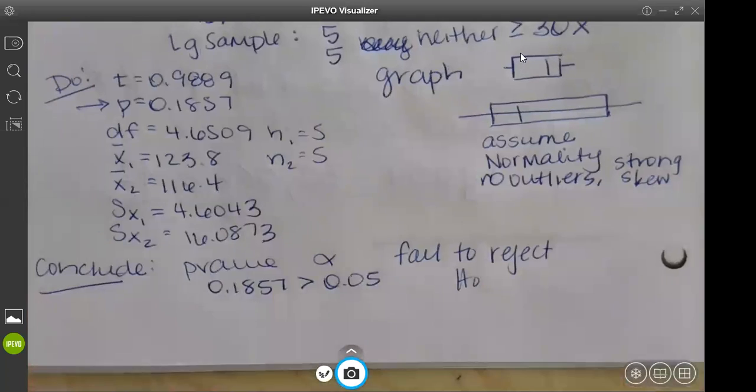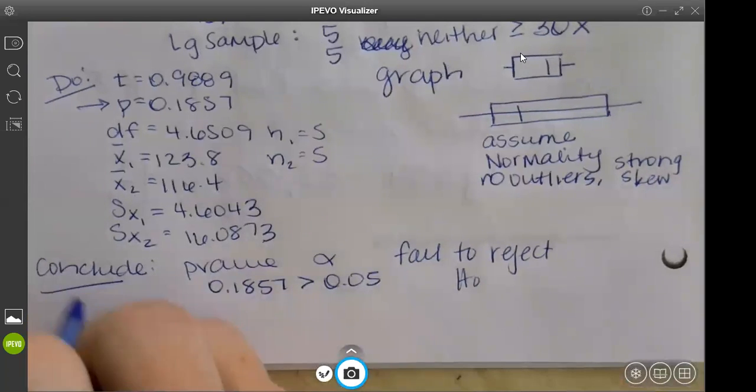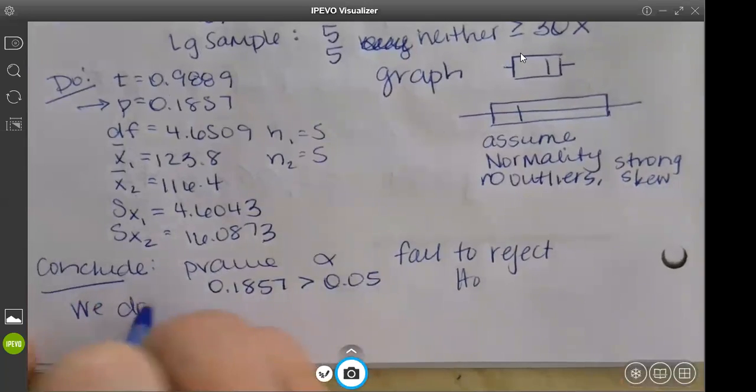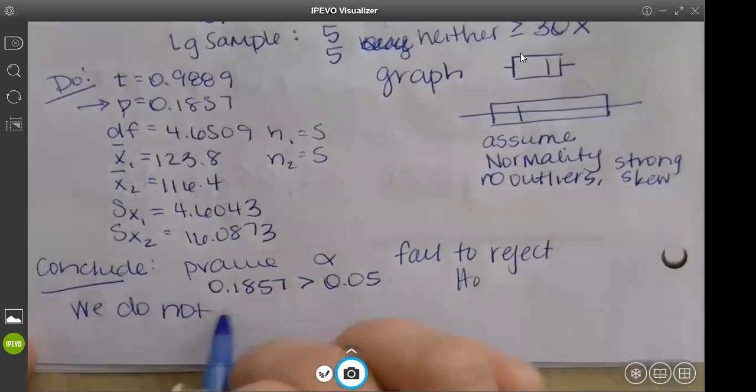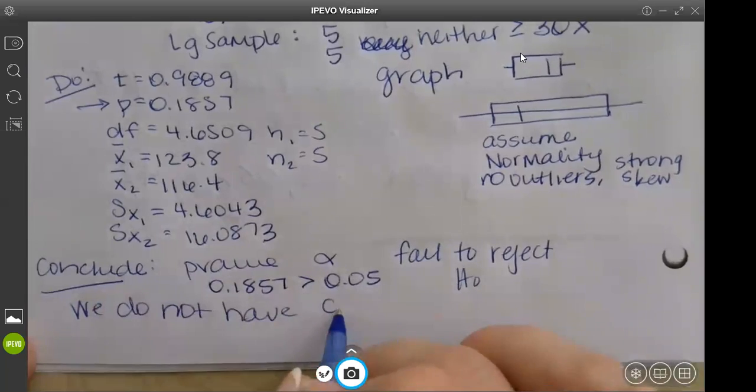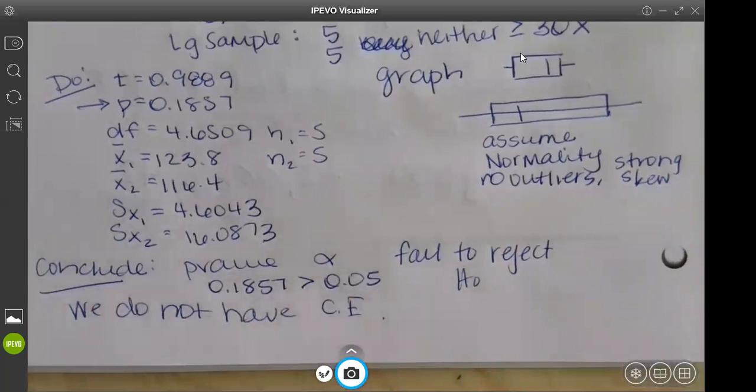And that means, just so it's on record, that the true mean breaking strength of polyester fabric that is buried for 2 weeks is greater than the true mean breaking strength for polyester fabric that is buried for 16 weeks.